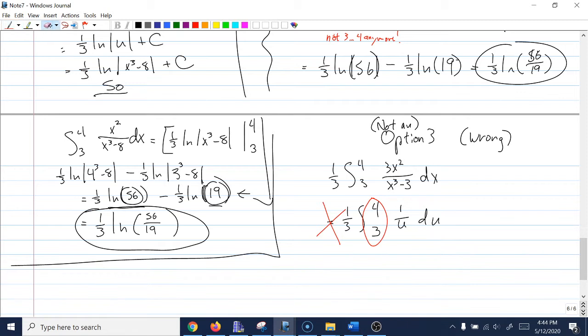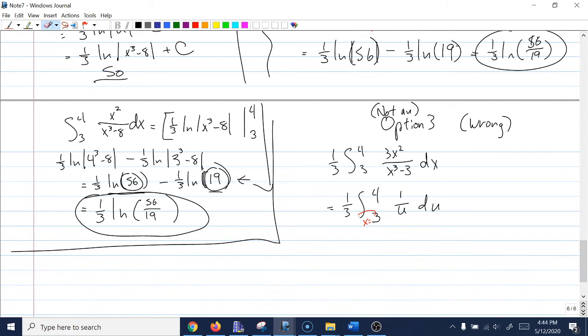And I can see that being extra confusing. For me, the solution is we'll just call that x equals 3. And maybe now I'll get a chance to remember to change my x value to a u value. But in the end, you need to change the values of integration. I think it's valuable to write that as x equals 3 so that I have a chance to notice, ooh, I should have changed that to a u value.